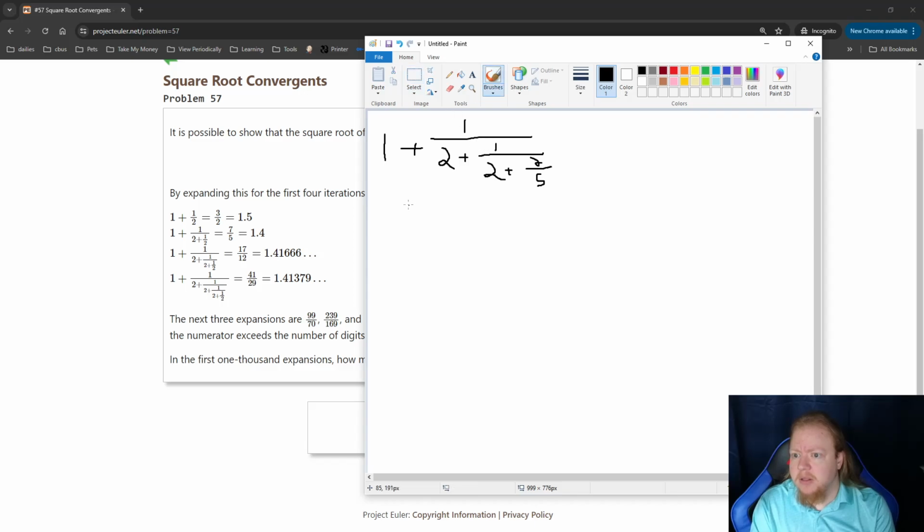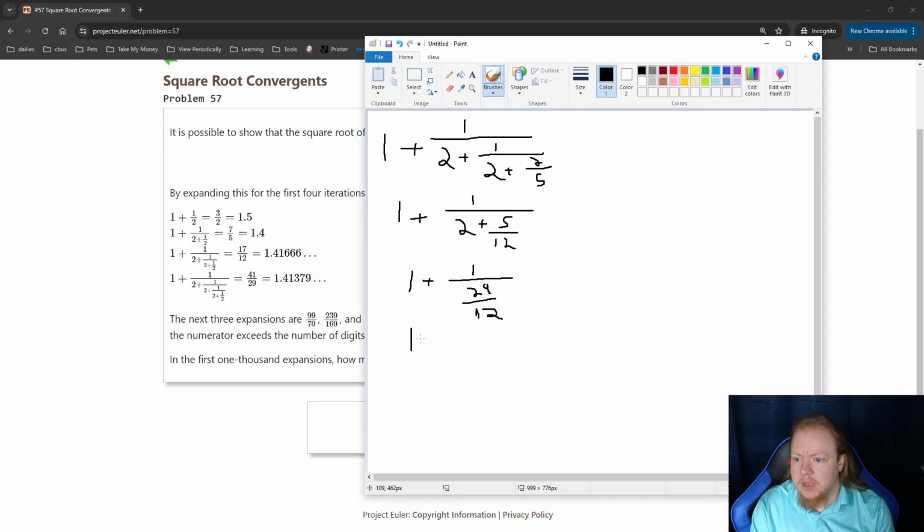I'm going to start writing this a different way. 1 plus 1 over 2 plus 5 twelfths. And then 2 plus 5 twelfths is relatively trivial, so 1 plus 1 over 24 plus 5 is 29 over 12.